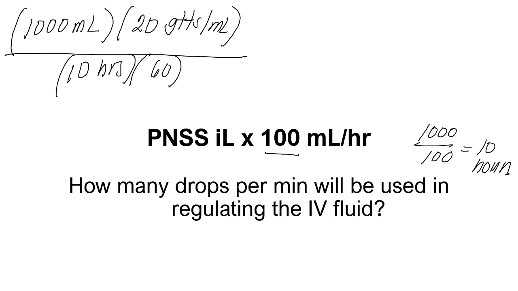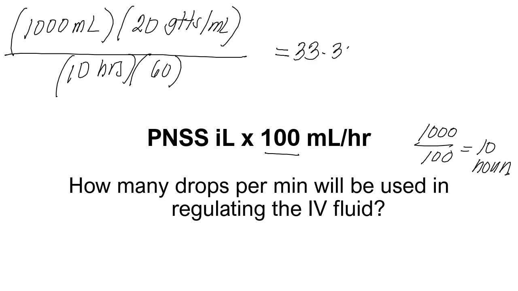And if you would be doing the cancellation, or if you would pick up your calculators, that would give you 1,000 times 20 divided by 600, because 10 times 60 is 600, and that would give you 33.33 drops per minute. And what is supposedly your answer?